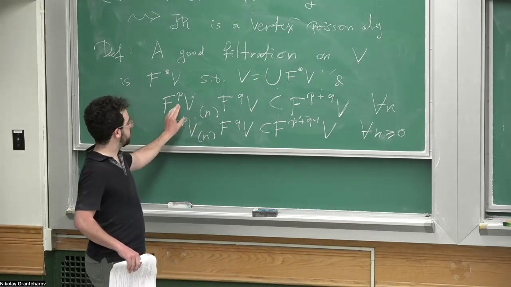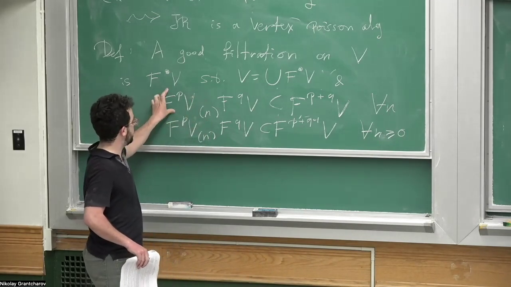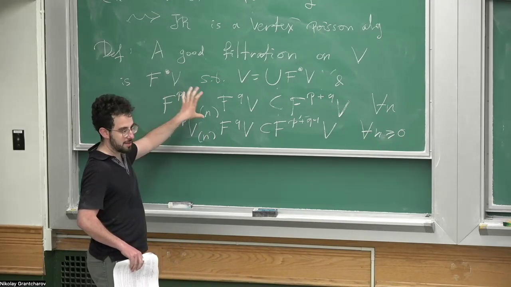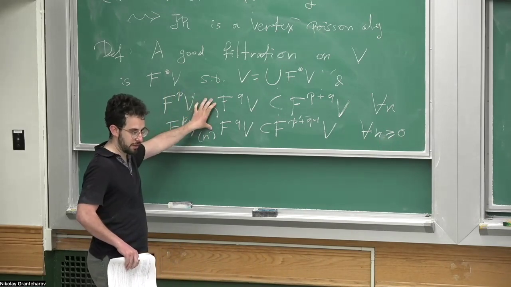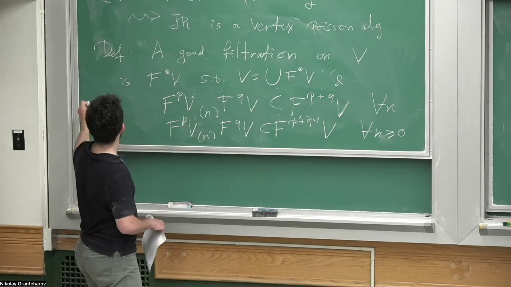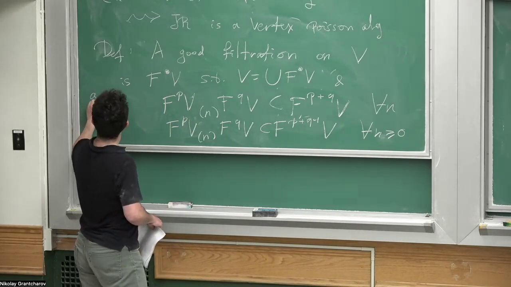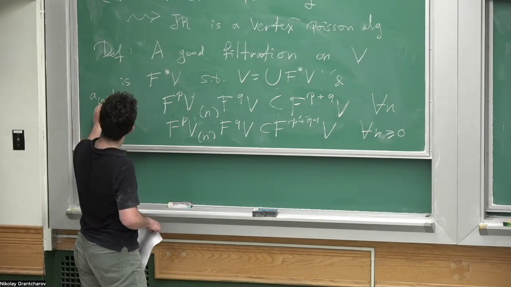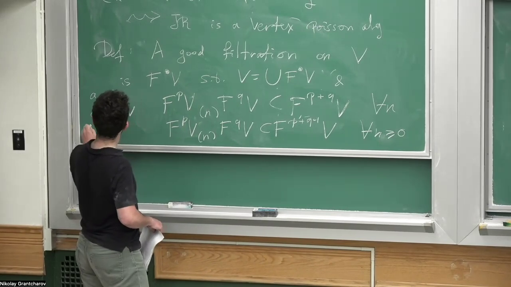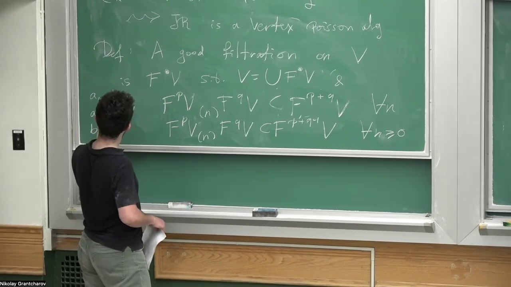You start with a collection of all elements of the form: an element A in F_q, take its nth coefficient in the corresponding field and apply to B, for A in F_q and B in F_p.